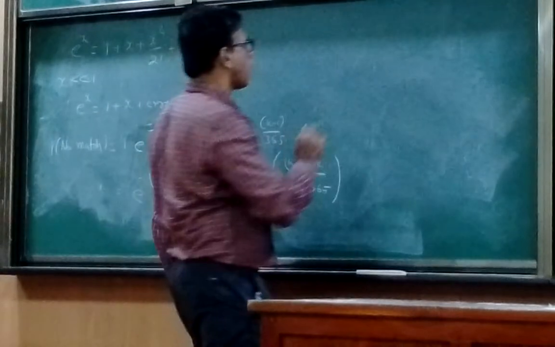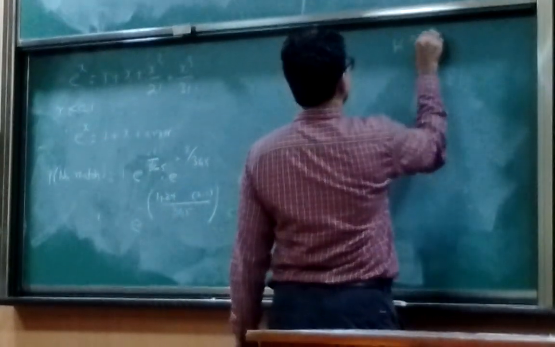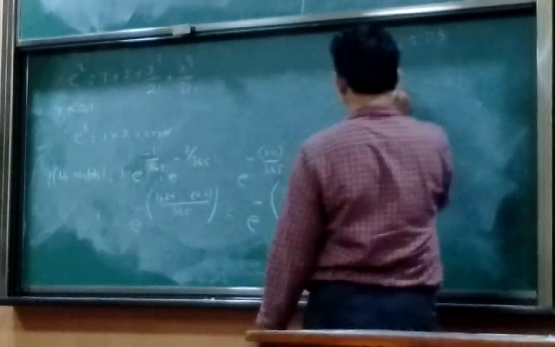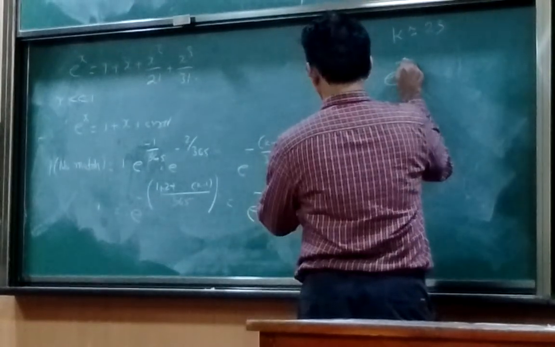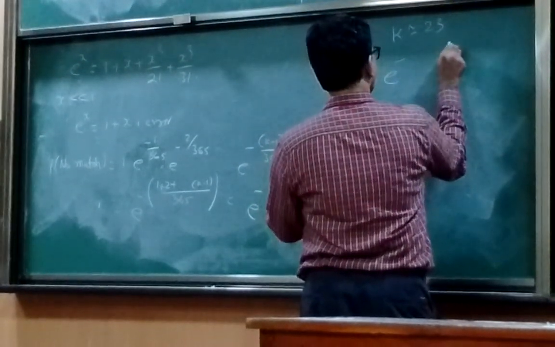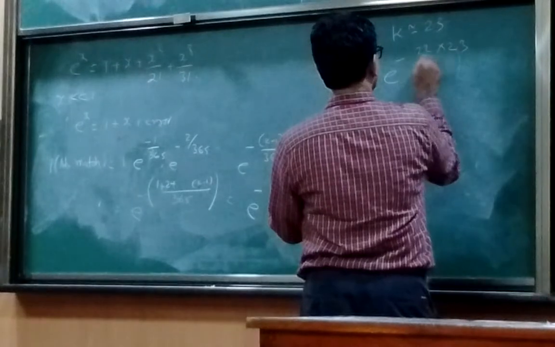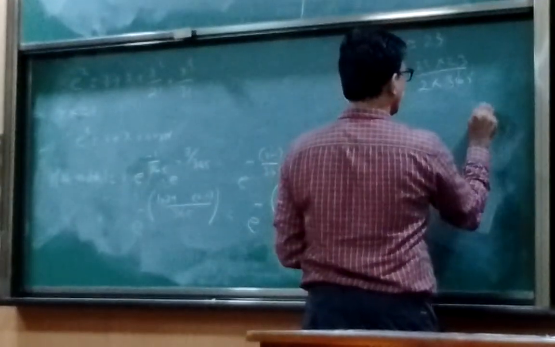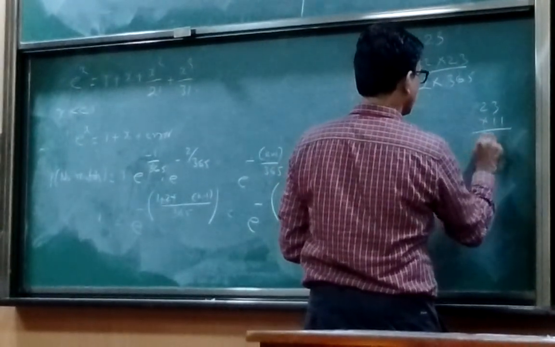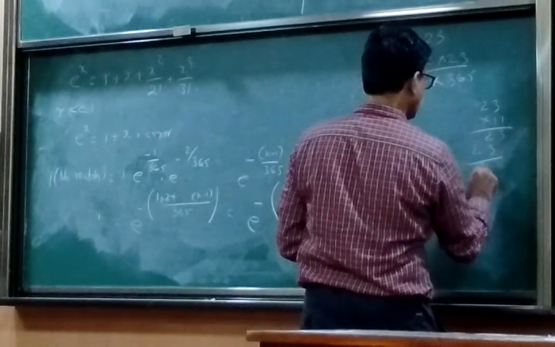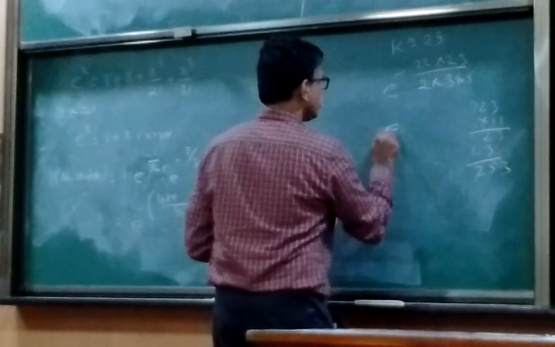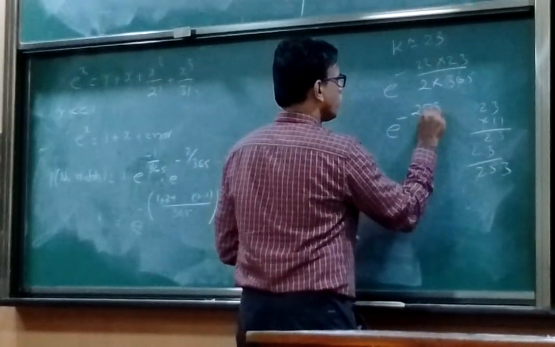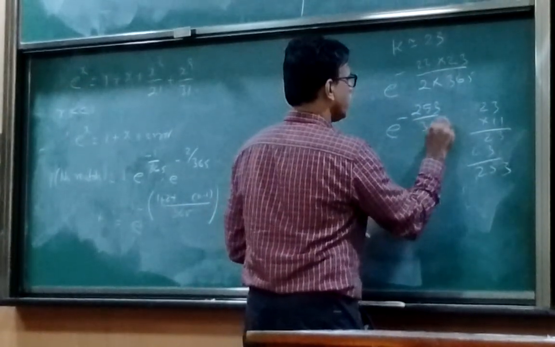We can actually do some calculation. It so happens that for k equal to 23, we get e power of minus 23 into 22 divided by 2 into 365. So basically this is 23 into 11, which is 253, so e power of minus 253 divided by 365.